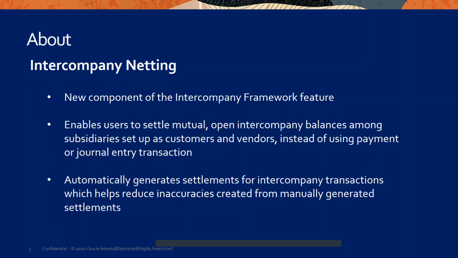This enables users to settle or complete open intercompany AP and AR balances for subsidiaries, set up as or represented as customers and vendors in the system, instead of using some type of payment transaction or journal to close out those open balances for intercompany transactions.